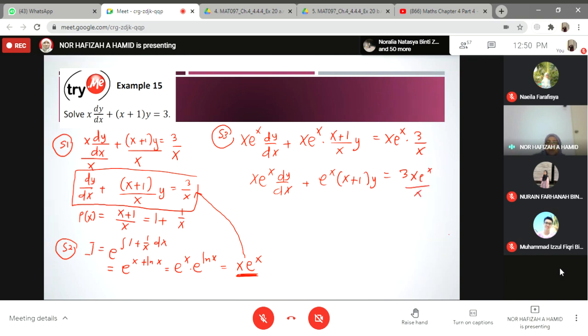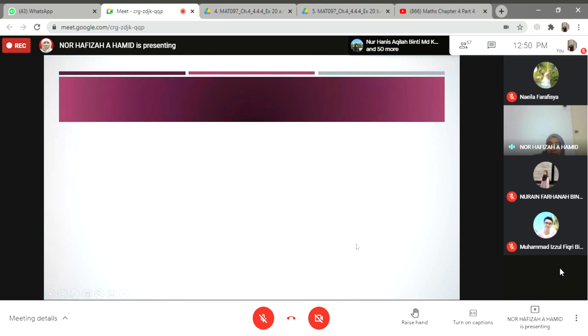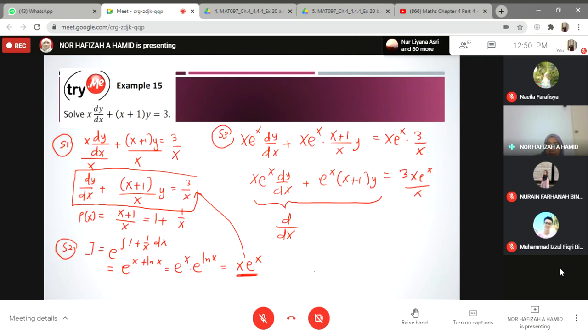Okay, so ini kita nak derive pada left hand side. So left hand side ni actually dia comes from the product rule. So product rule maknanya kita nak calculate balik what is the UV. So kalau you ingat balik product rule yang chapter 1, okay, for example you have U and V. So ni product rule, nanti you nak solve dia to find dy over dx, you kena solve using product rule yang UV prime plus dengan V prime.